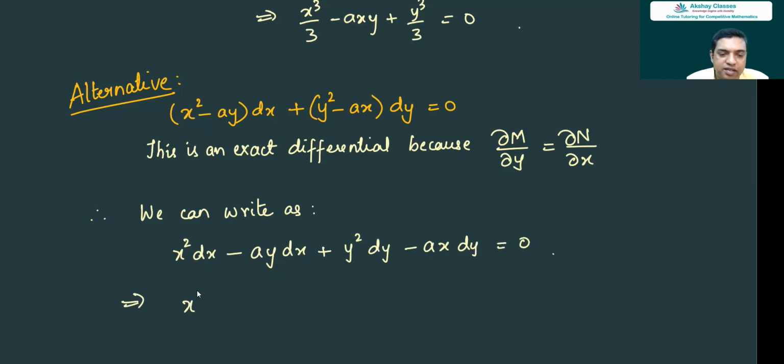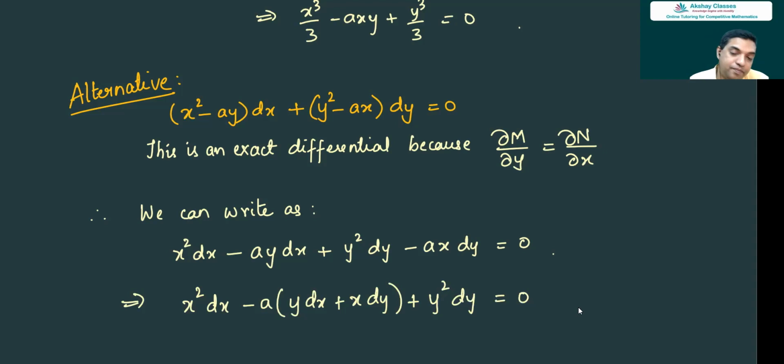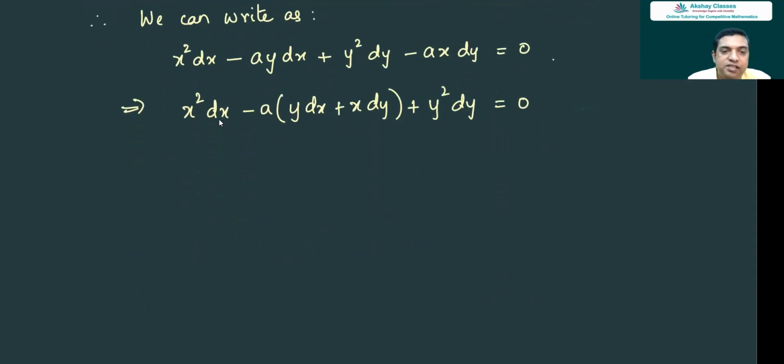I write x² dx, then minus a, I take out and write (y dx plus x dy), plus y² dy. So here x² is related to dx. I can write this as the differential of x³/3. I integrate x², the integral is x³/3. So the term x² dx is a differential of x³/3.